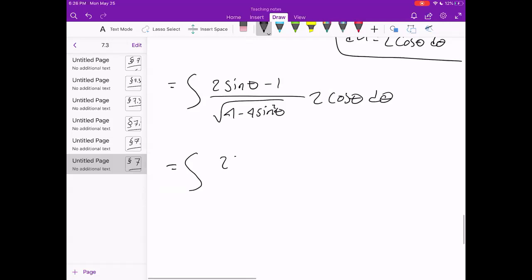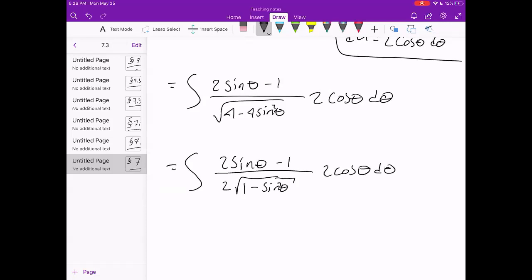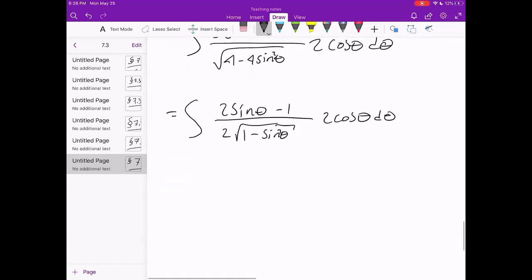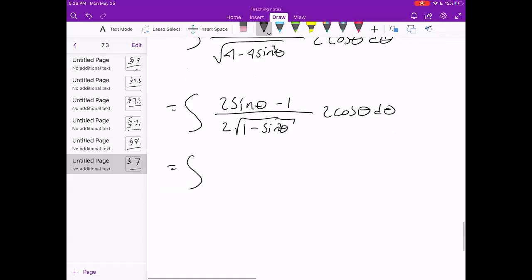So this is the integral of 2 sine theta minus 1 over, pull the 4 out of the square root, you get 2 square root of 1 minus sine squared theta, 2 cosine theta d theta, and you can start seeing where this is going to go. It's starting to look a lot better.